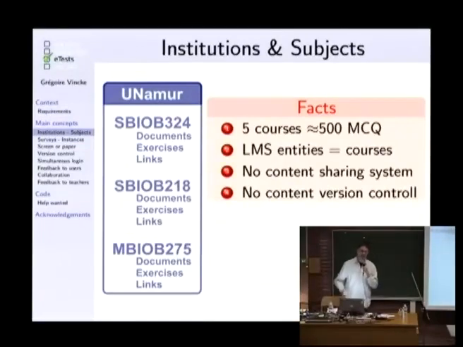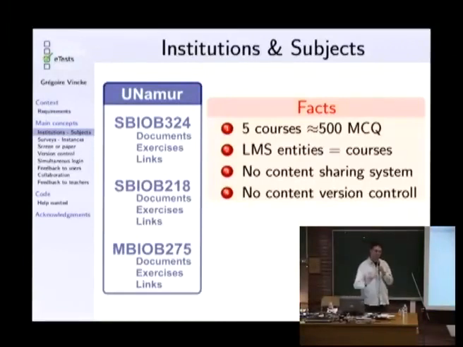The first one is this: when we checked all the learning management systems that we found to eventually use for this project, we had a problem, because in the main learning management systems, the main entity is the course of a teacher. And generally, a course is a closed space. You have a folder to put some documents, some links, you have some tools to build some exercises and so on.